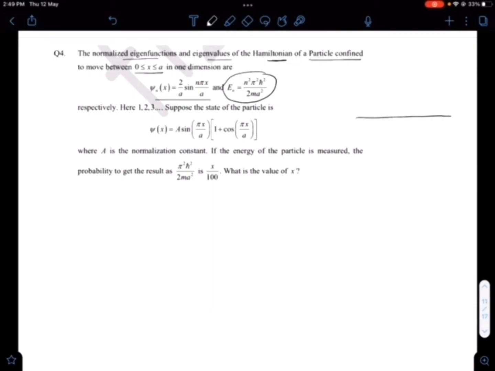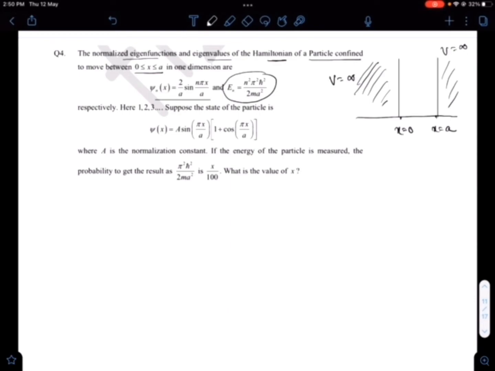So this is our x dimension, this is x equal to 0, and this is x equal to a, and in this region we have potential infinity, and in this region also we have potential infinity. So infinite potential means the particle cannot move in either direction. If it is a finite potential well, then there is a probability of tunneling and all that.